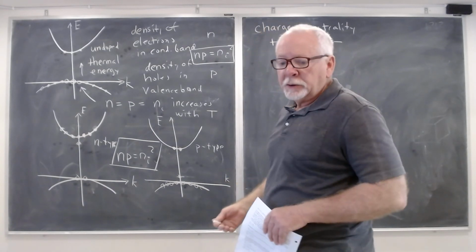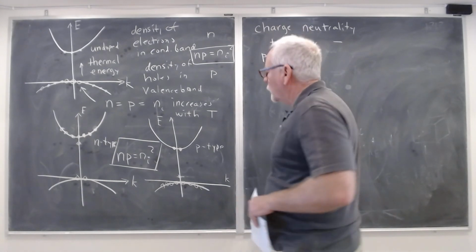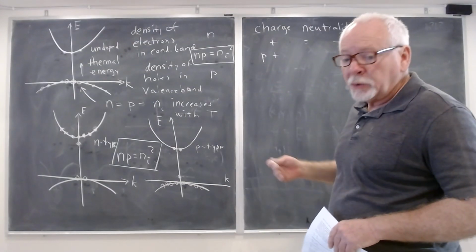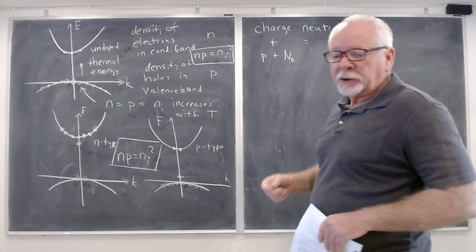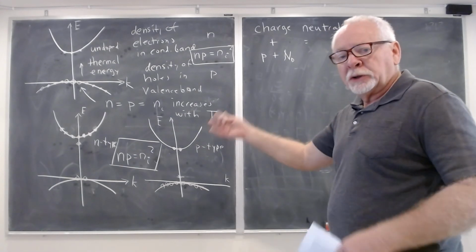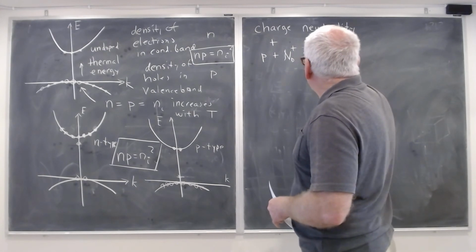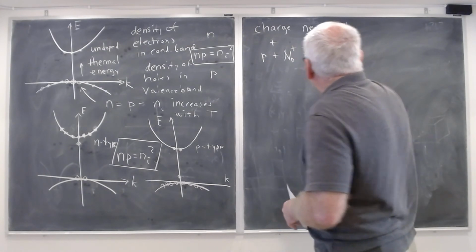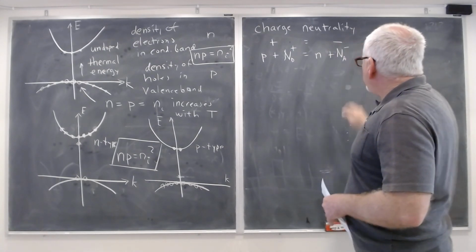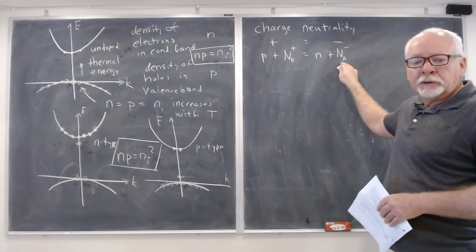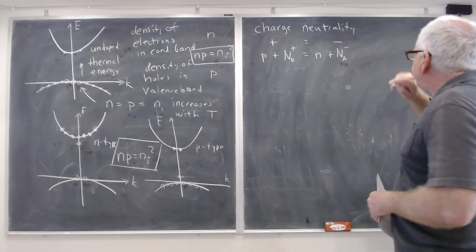On the plus side, you have the holes, and you have the donors, because when a donor atom gives up its electron, it leaves behind a positively charged ion. And on the minus side, of course, the electrons, plus the acceptor ions, because when they accept an electron, they become negatively charged ions.